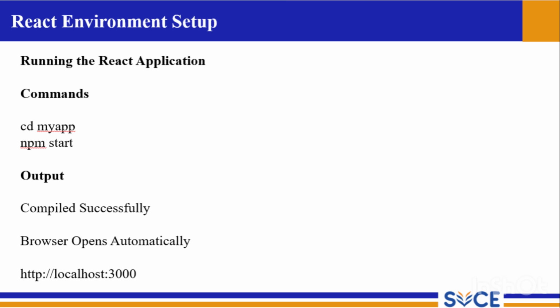One of the most useful features of the React development server is hot reloading. Whenever you make changes to your code and save the file, the browser automatically refreshes and displays the updated output.